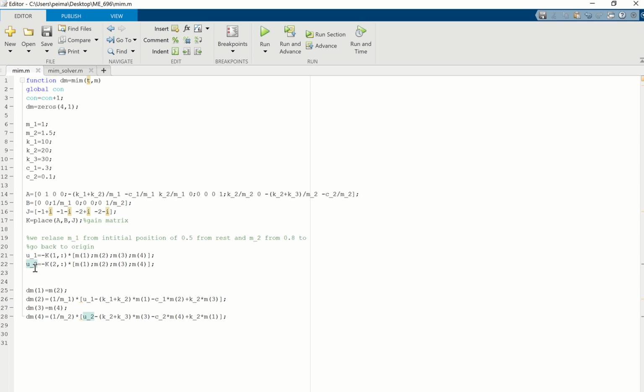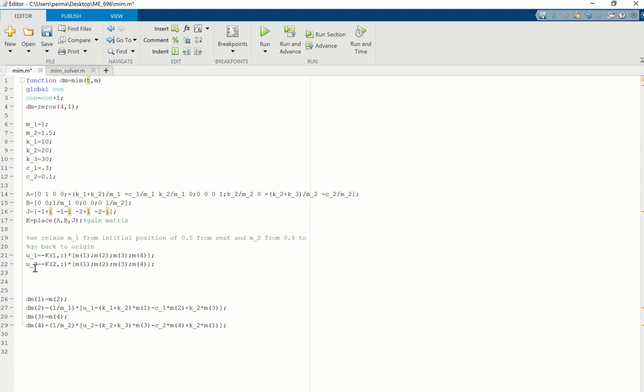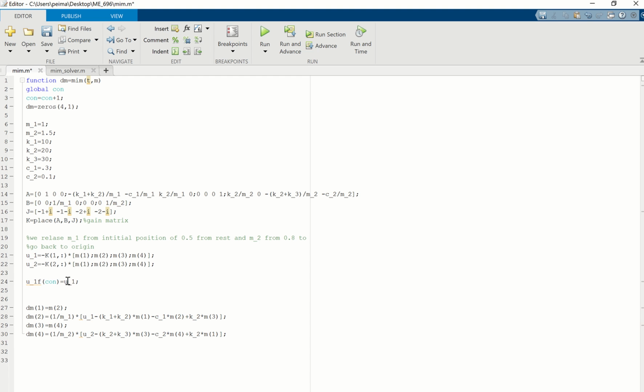So if you want to plot U1, you have to say U1F of con, meaning put each of this U1 inside this. Now you are making a vector of U1. And U2F of con is U2.